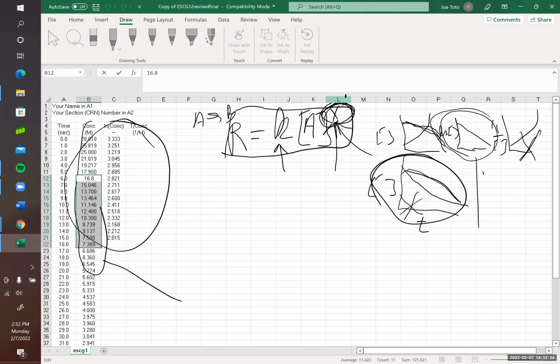So in the lecture this morning, when we talked about integrated rate laws, the integrated rate law for first order looks like this. The log of the concentration equals minus kt plus the log of some initial concentration.